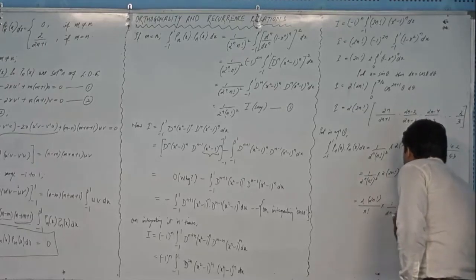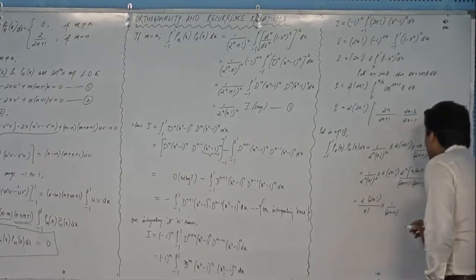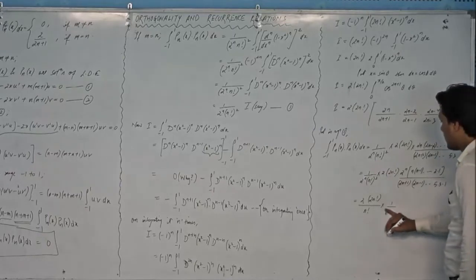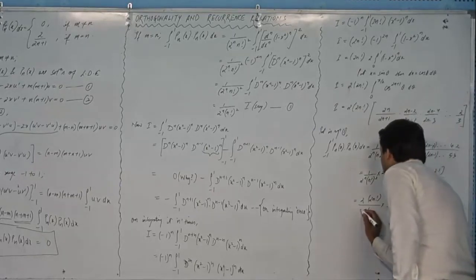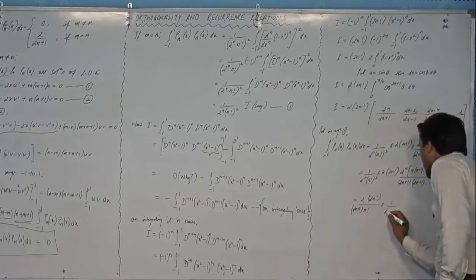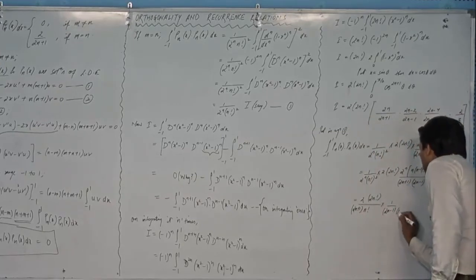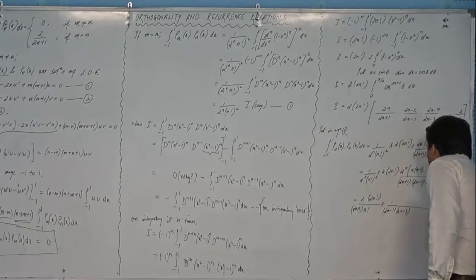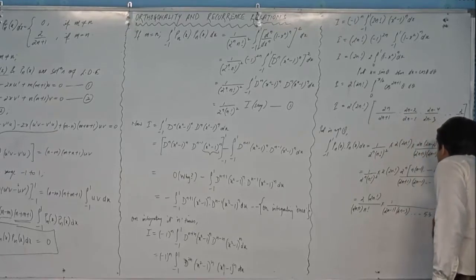1 over 2n plus 1. Should I write this 2n plus 1 here? 2n plus 1, and starting with 2n minus 1, 2n minus 3 up to 5, 3, 1.